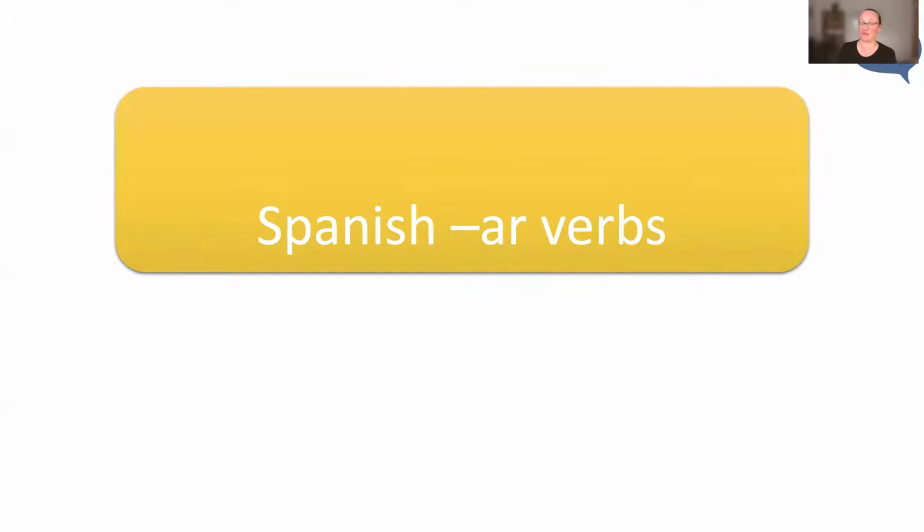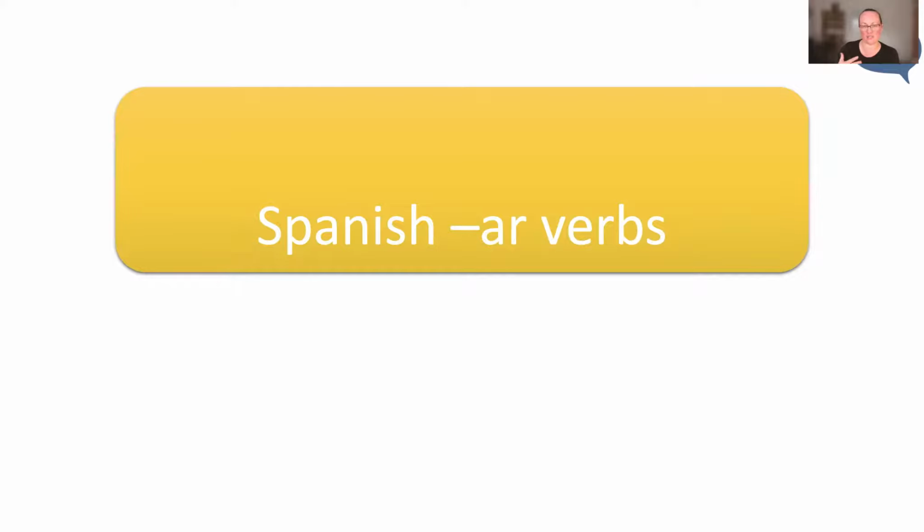There is a subsection of verbs in Spanish which are called stem changing verbs, and I'm going to be doing a lesson on them at some point in the future. An example of that is jugar, spelled J-U-G-A-R. When it's in the first person singular, it becomes juego.